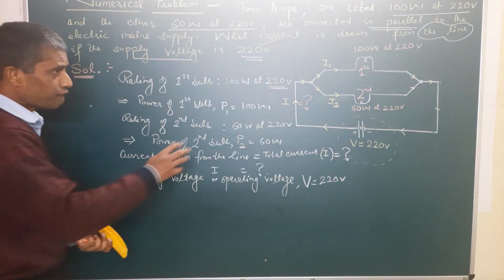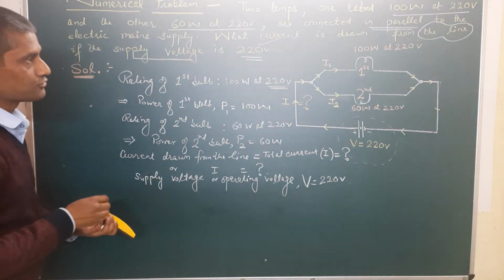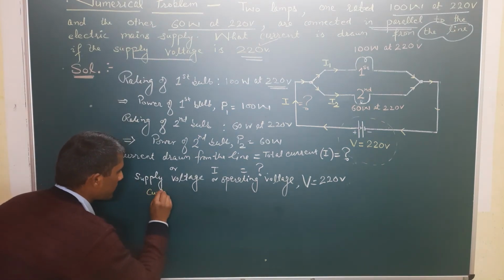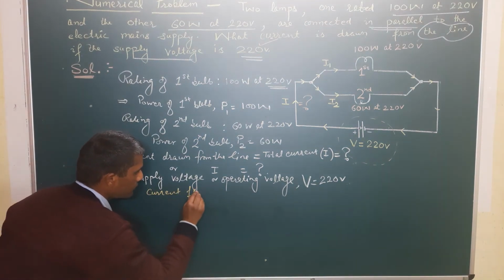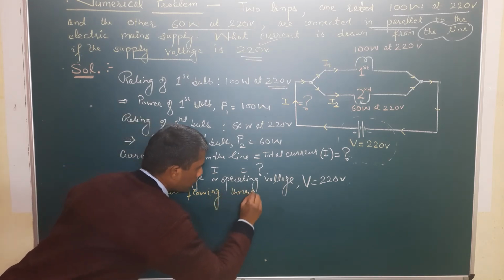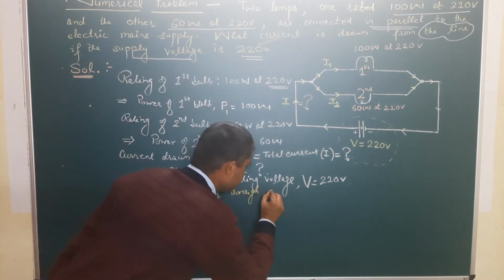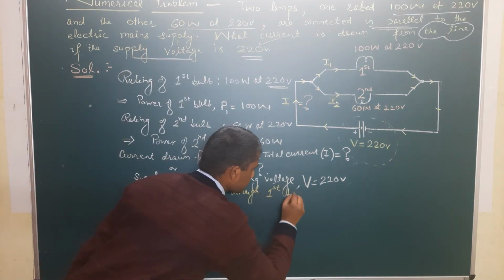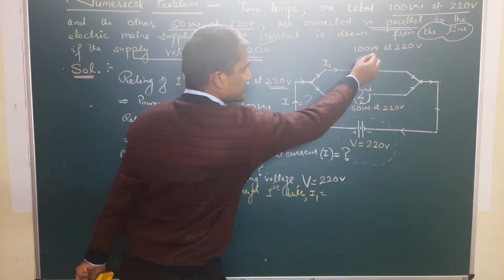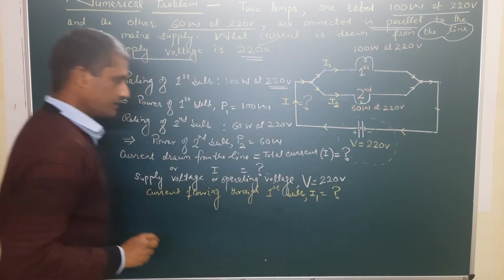Firstly we will find out I1, thereafter we are going to visit I2. So the current flowing through the first bulb is I1, and it is question mark.